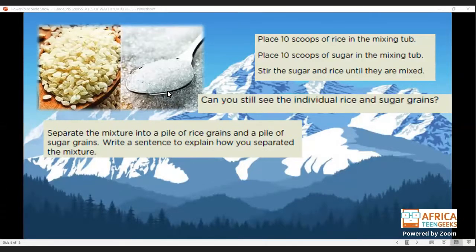If you had to separate this mixture, how would you do that? The sugar crystals are a lot smaller than the rice. Very good. Probably a sieve would work, because the sugar would go through the sieve and the rice would sit up on top of the sieve.